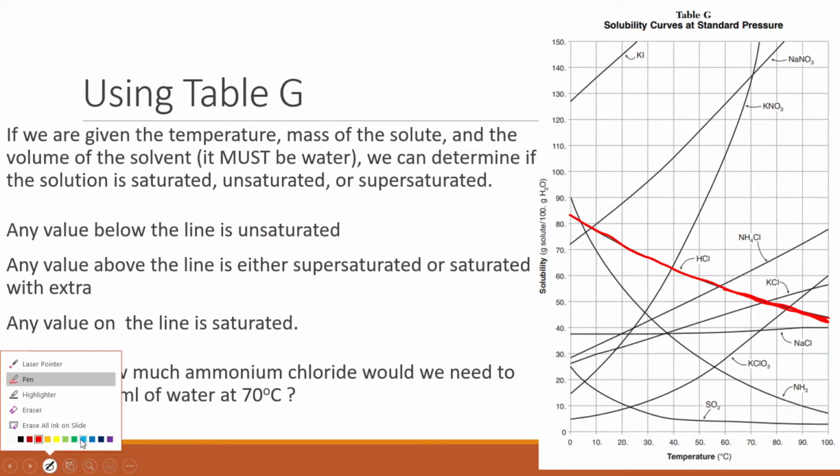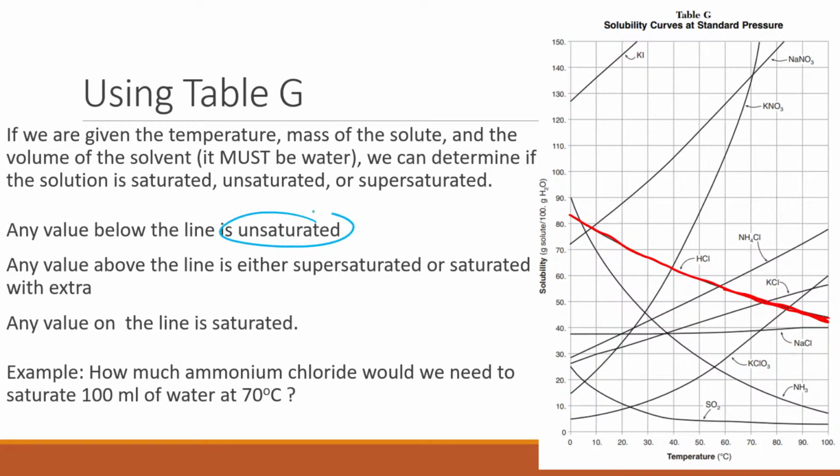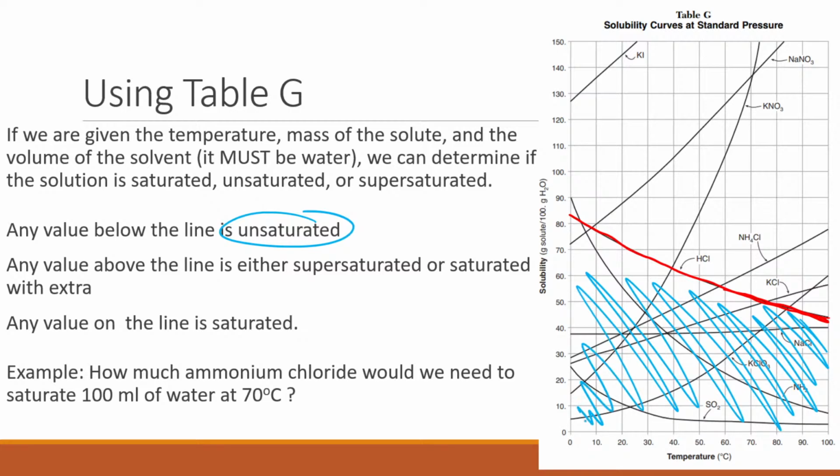So that means all of this, any point down here, is unsaturated for HCl. So if I picked this point and I had 20 grams of HCl in water at 50 degrees Celsius, that would be unsaturated. The water could hold more HCl than that.